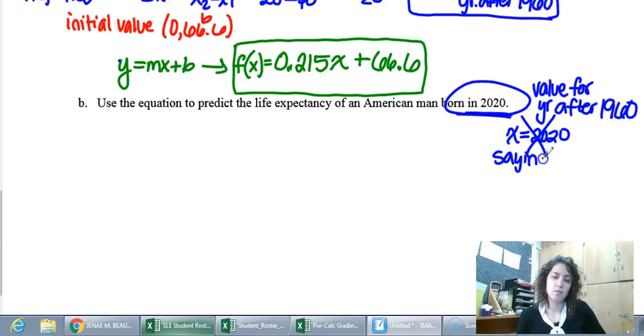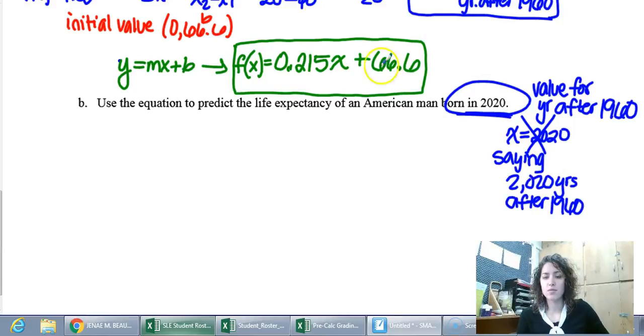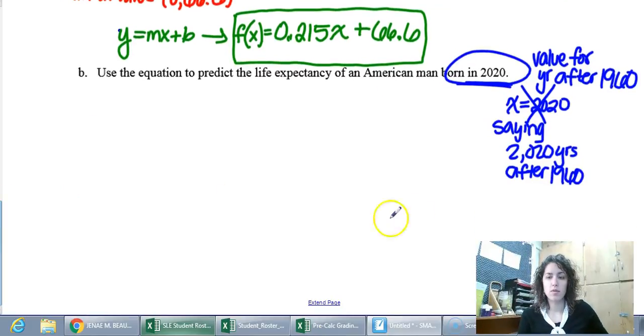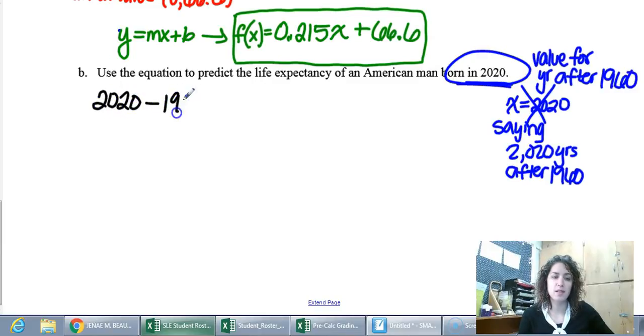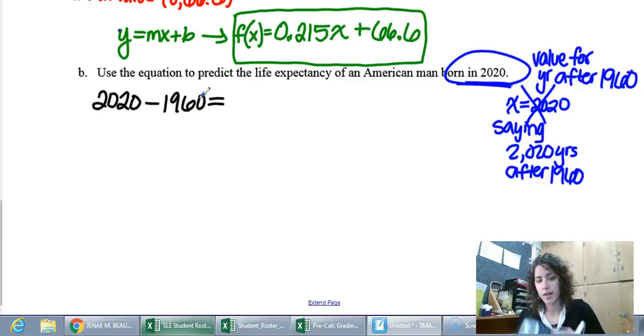That would mean 2020 years after 1960. That's not what we mean. I need to do the year 2020 minus 1960. If you're not sure what it is, use your calculator.